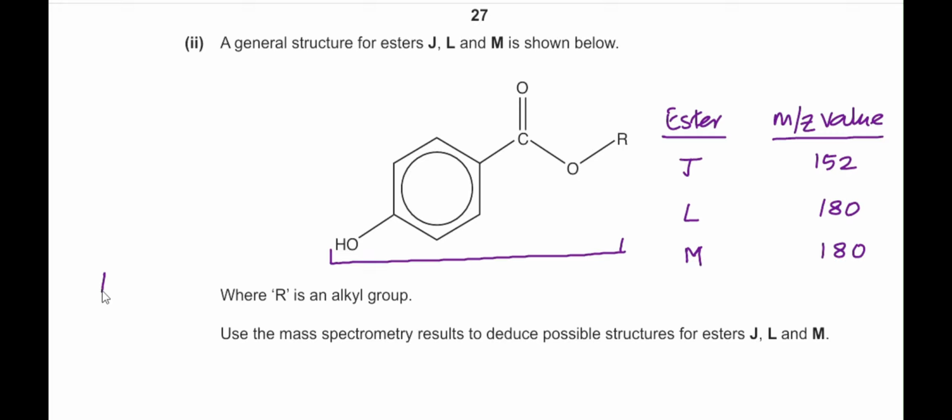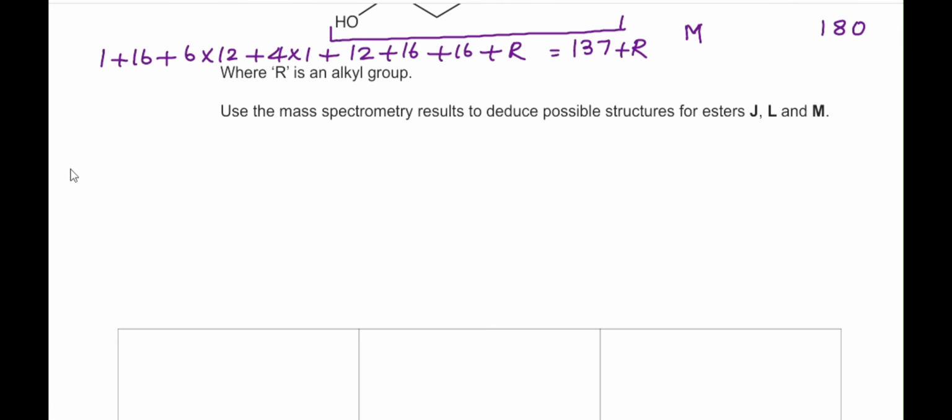So starting from the leftmost, 1 plus 16 plus 6 times 12 plus 4 times 1 plus 12 plus 16 plus 16 again plus R is equal to, putting them into the calculator and adding, we get 137 plus R. Therefore we could write R group in ester J is equal to 152 take away 137, which is equal to 15, and that translates to CH3.